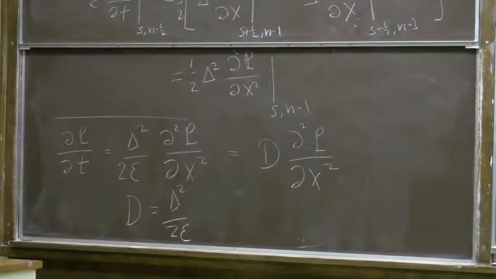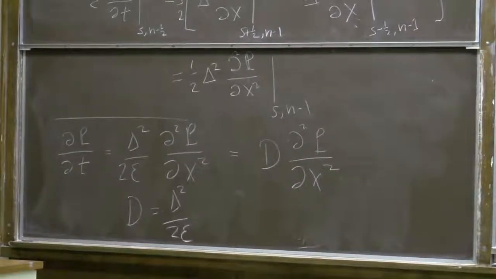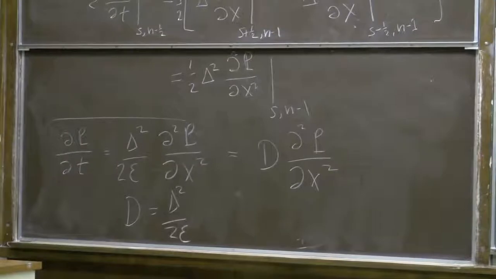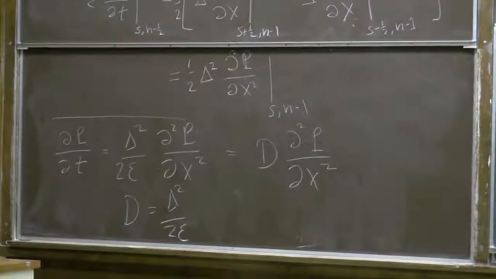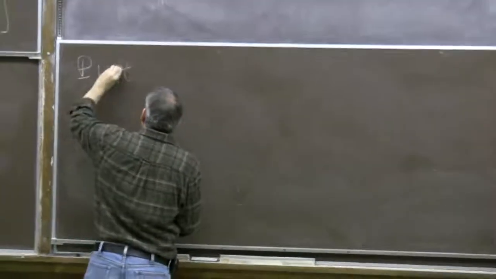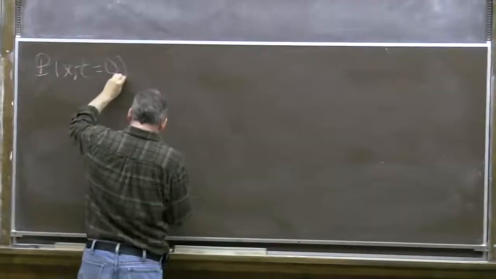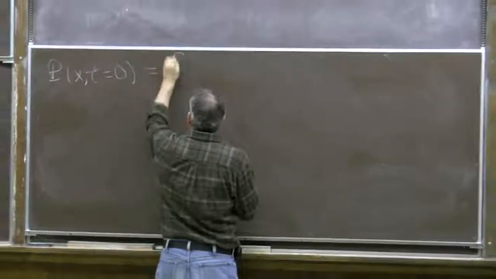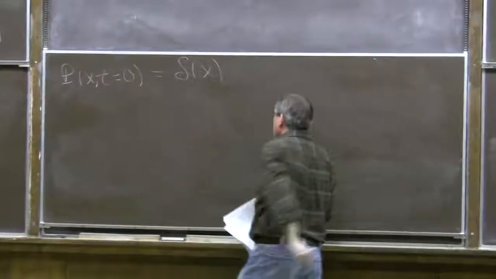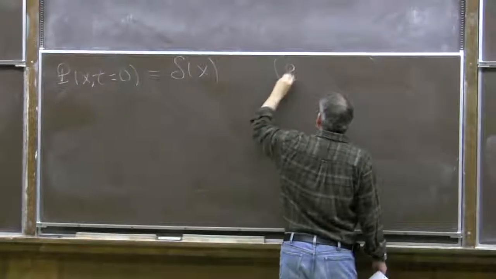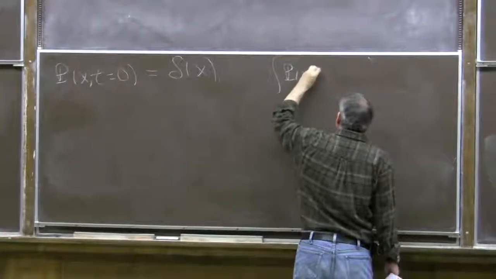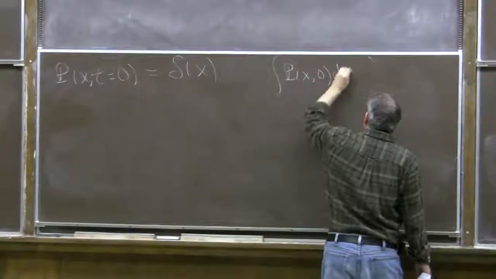We can ask, what is the solution to the diffusion equation if the probability density at time 0 is just a delta function. So I've normalized it as I'm supposed to, so that the integral of p of x dx is equal to 1.